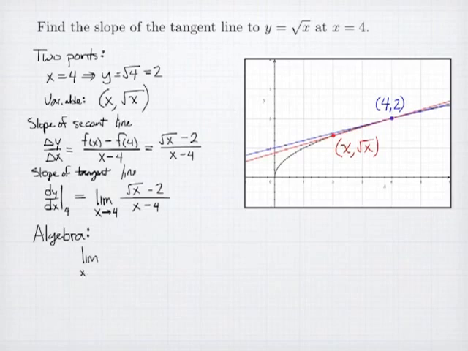The limit as x approaches 4 of the square root of x minus 2 over x minus 4 can be calculated using a conjugate, which means I take the square root of x minus 2 and I change it to the square root of x plus 2. And we don't want to change the values, so I can only multiply by 1.